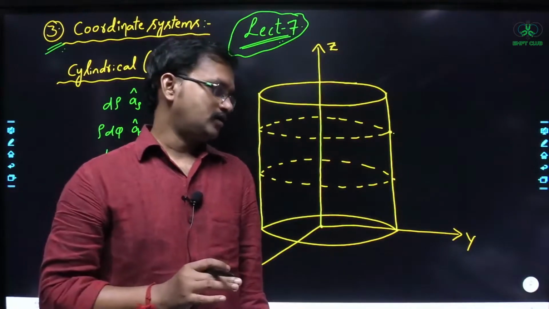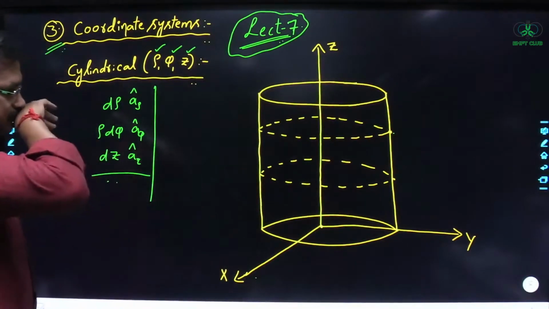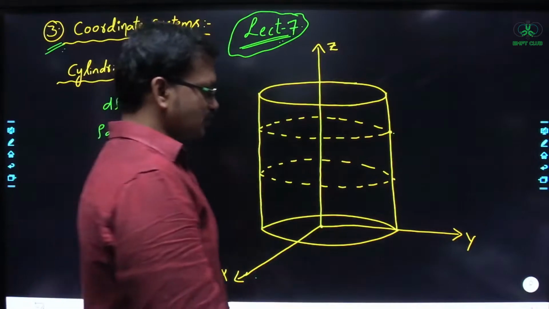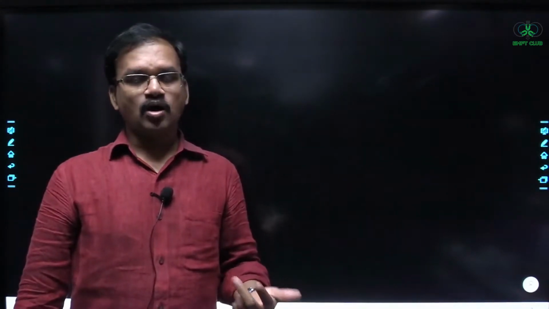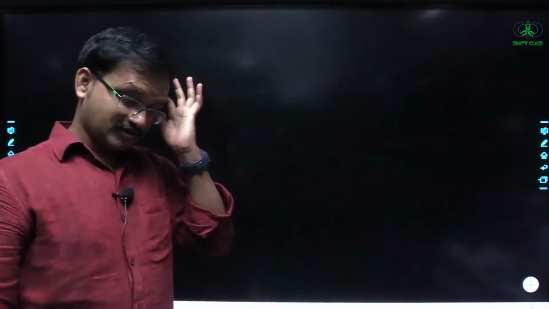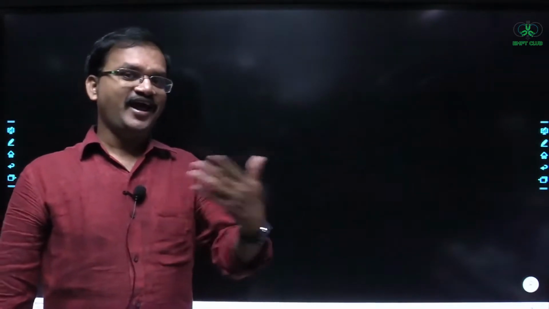In this lecture, we will see how to represent rho, phi, z, the cylindrical coordinates, in terms of rectangular coordinates.